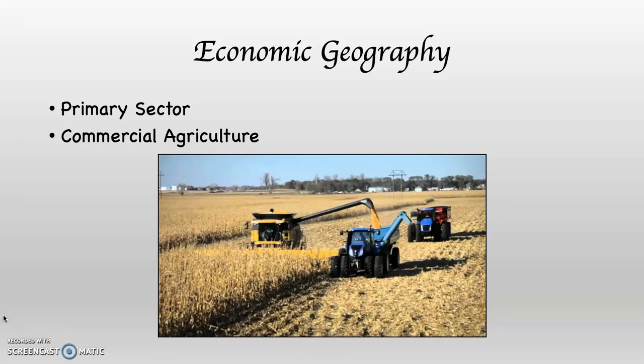The other type of agriculture is commercial agriculture. With commercial agriculture, the entire idea is to make money off of the food. And in fact, the farmer may not even be eating the very food that he or she is producing. One of the obvious things about commercial agriculture is it is done on a very large scale, over very large swaths of land, and it's done in almost every case with a lot of heavy machinery: combines, tractors, aerial spraying, all of this kind of stuff.